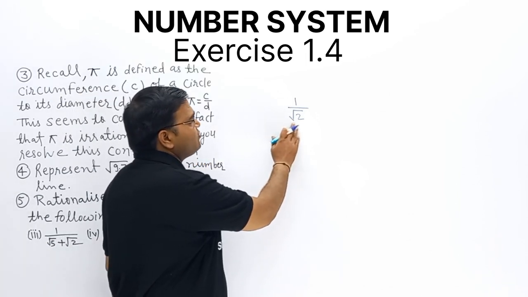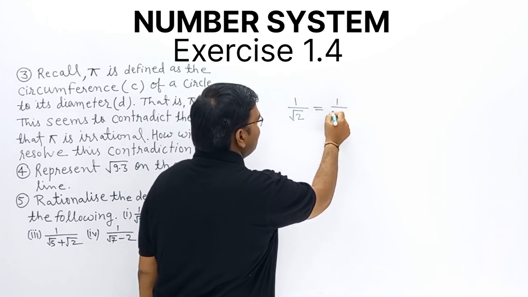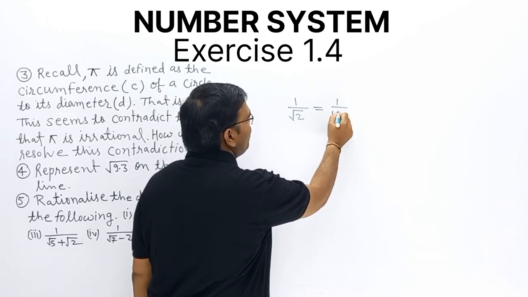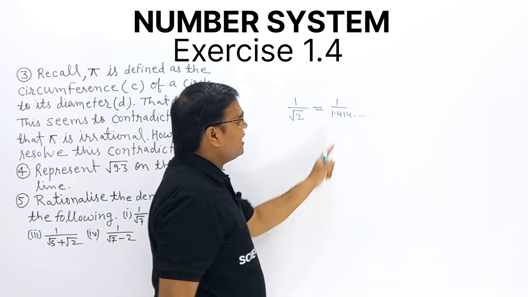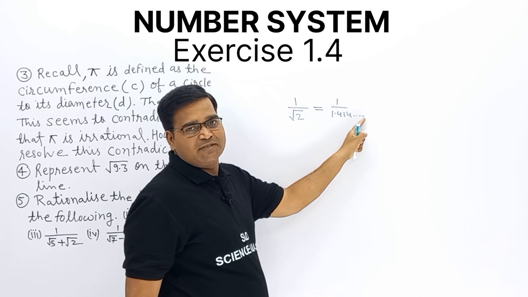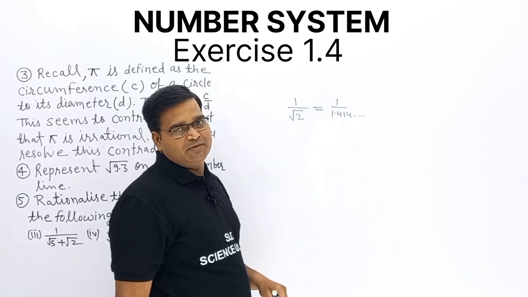So how will we solve this? 1 upon, and the value of root 2 is 1.414 and so on. This is an irrational number, with infinite digits after the point. So this is not an easy way to divide.